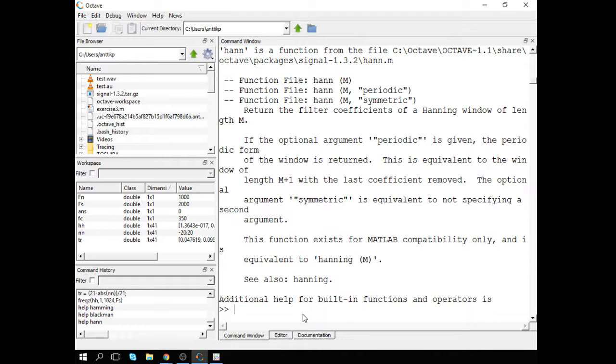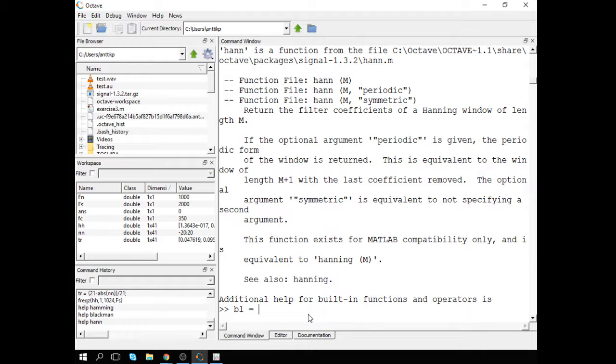In the exercise, you need to take a few windows and compare which one gives you enough stop band attenuation. But I will just show you quickly how to do, for example, the Blackman window.